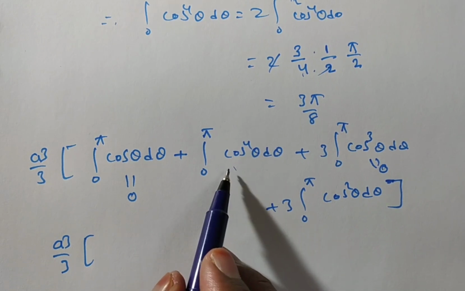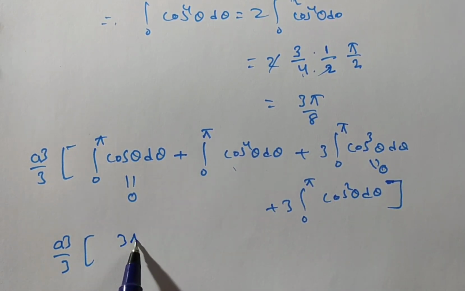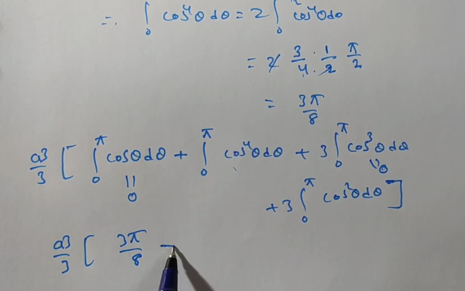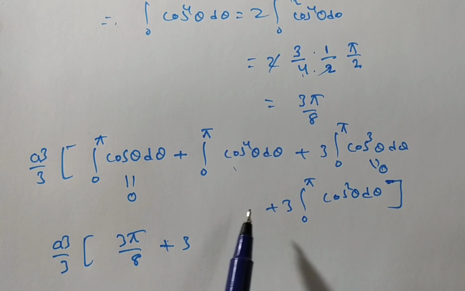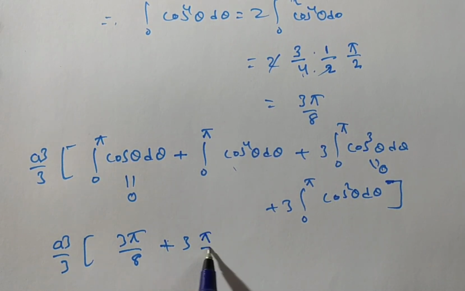Now for this cos to the power of 4 theta d theta, you have 3 pi by 8. Okay, 3 pi by 8 plus 3 times of what you have, this value is 1 by 2 into pi by 2. Whenever we take 0 to pi, we multiply with 2, so only you will have pi by 2. 3 pi by 2 is the answer.